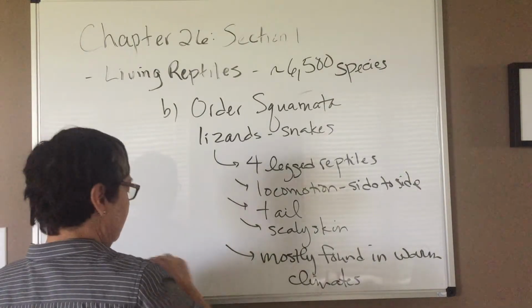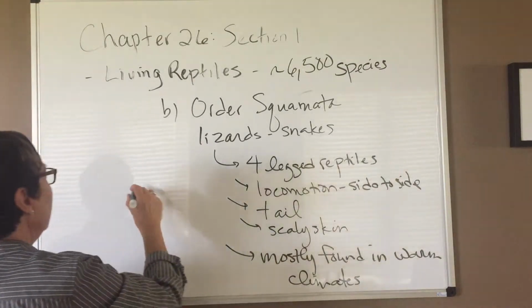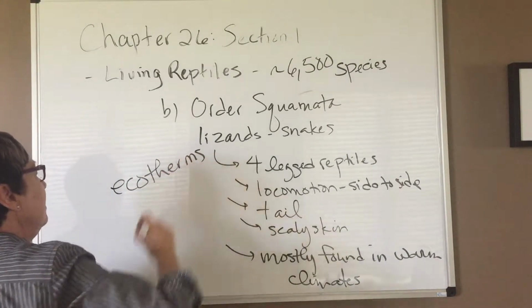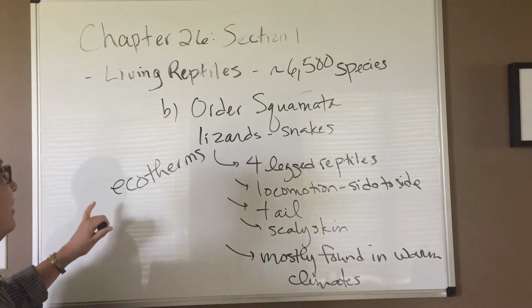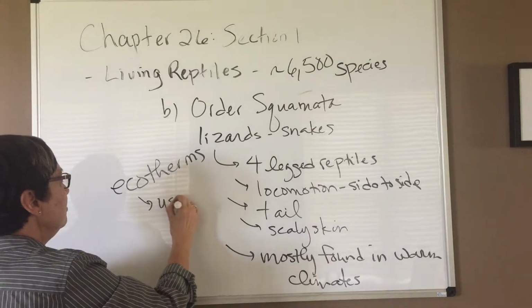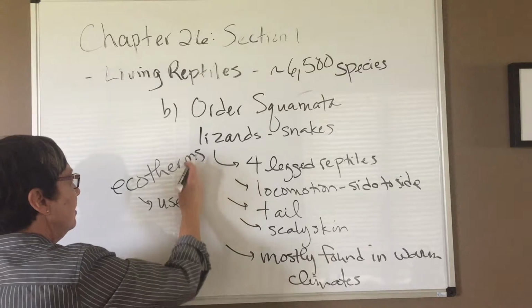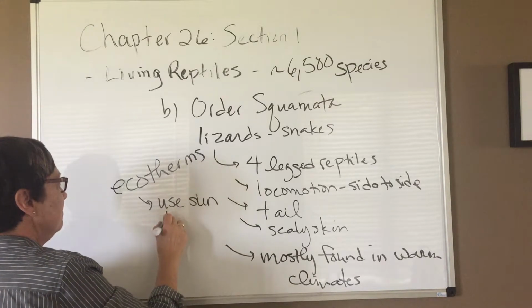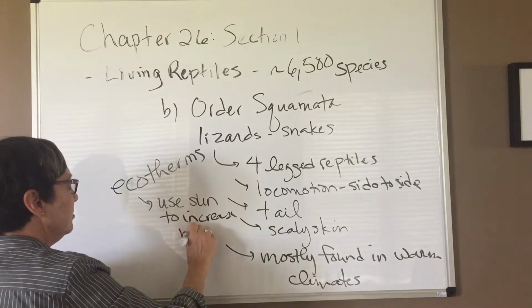I'm going to add one more thing here. They cannot regulate their body temperature internally. So they are called ectotherms, and they have to use the sun to warm themselves, in other words, to increase body temperature.